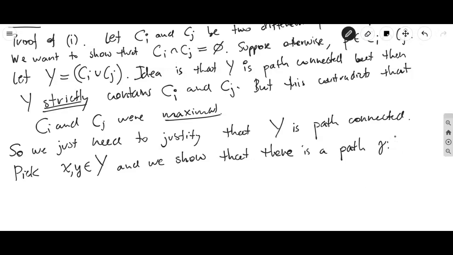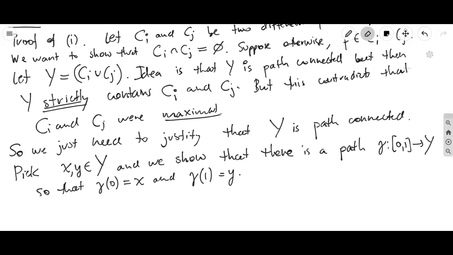So maybe to use slightly better notation, into X. I'm sorry, not into X. It's a path in Y. So that gamma of 0 is X and gamma of 1 is Y. So you're going to pick 2 points in Y.